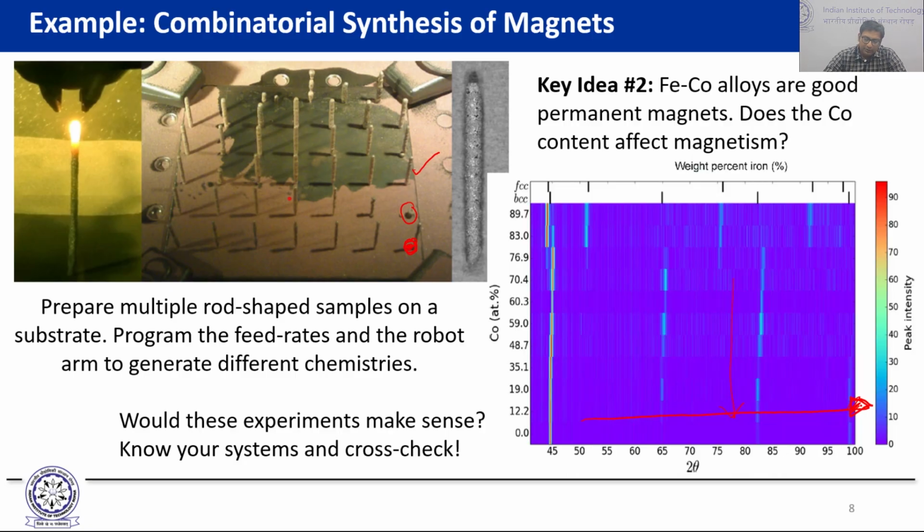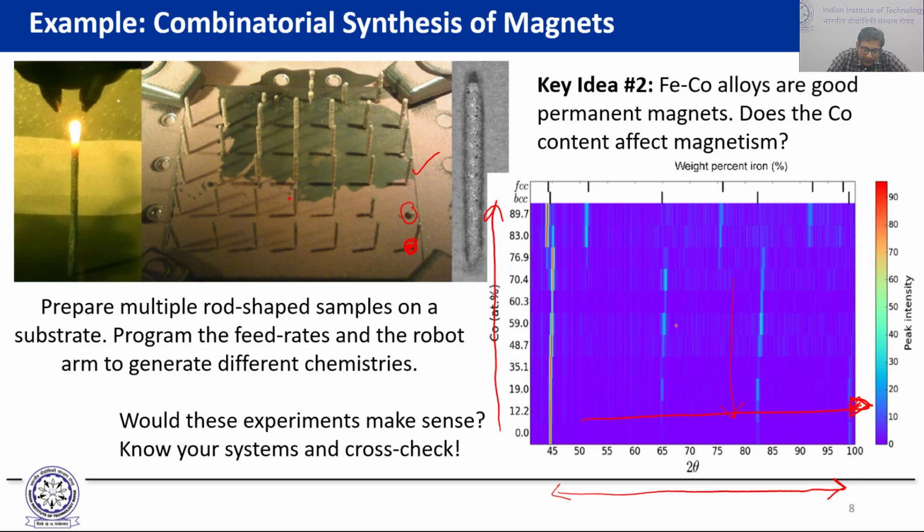So one tries to look at these things by using X-ray diffraction in order to look at the crystal structure. Here, it does not look like your typical X-ray diffraction pattern, but your x-axis is still your Bragg angle, so you still have the value of 2 theta. On the y-axis, since we are trying to capture a lot of information, they have simply plotted the composition of the cobalt.